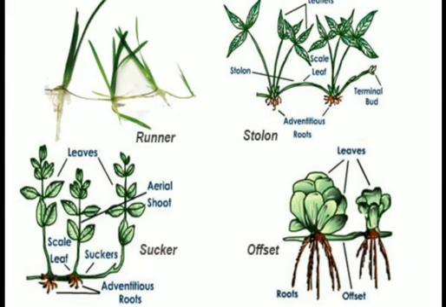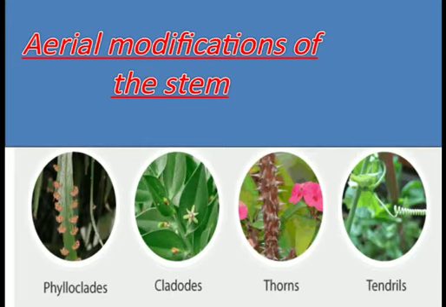Then there is the sucker, where the stem creeps over the ground and rises upwards, where it bears the leaves and keeps on increasing in its length by creeping on the ground and bearing the roots at the nodal portions. This is the sucker, runner, stolon, and offset. These are the examples of the subaerial stems.